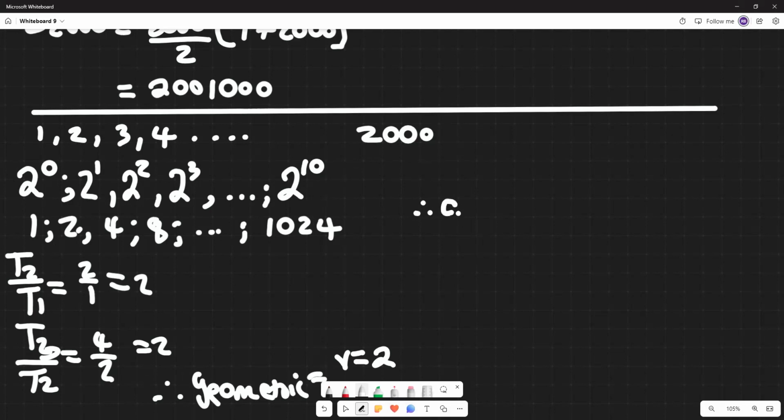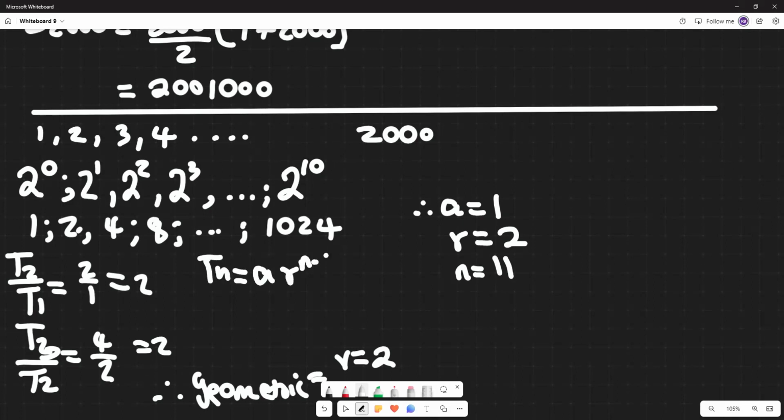So your A is 1, your R is 2, and we are adding 11 terms in total. If you were not sure, I would advise you to use the formula Tn equals a times r to the n minus 1. You put in your Tn, your A and your R, then you solve for n. But in this case, it's easy to just count it.